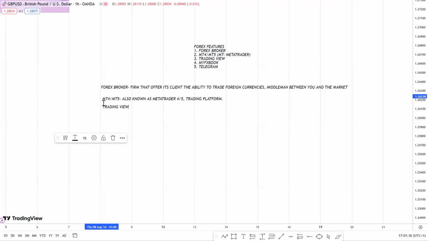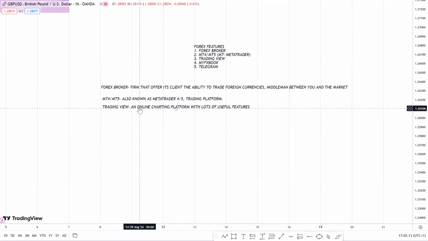So this TradingView, in hindsight, what does it mean? TradingView is an online charting platform with lots of useful features.